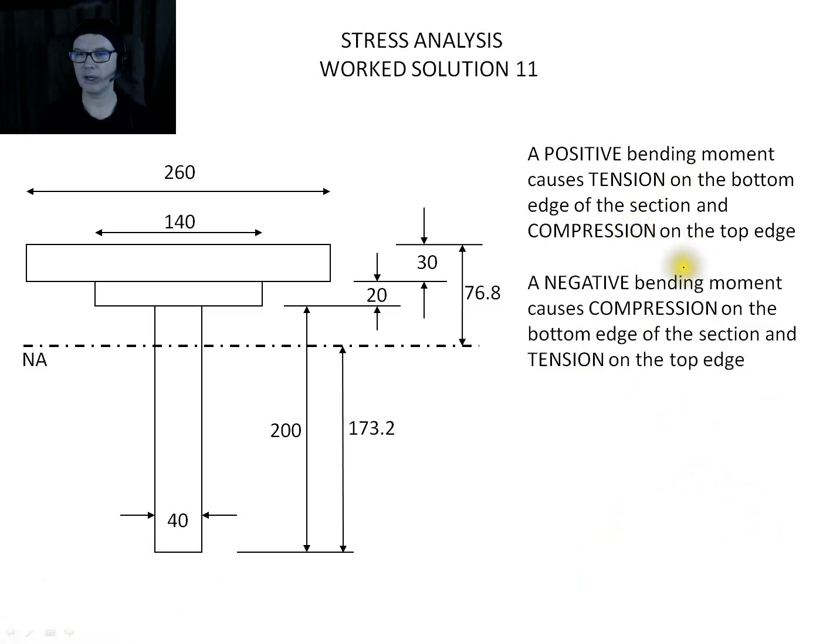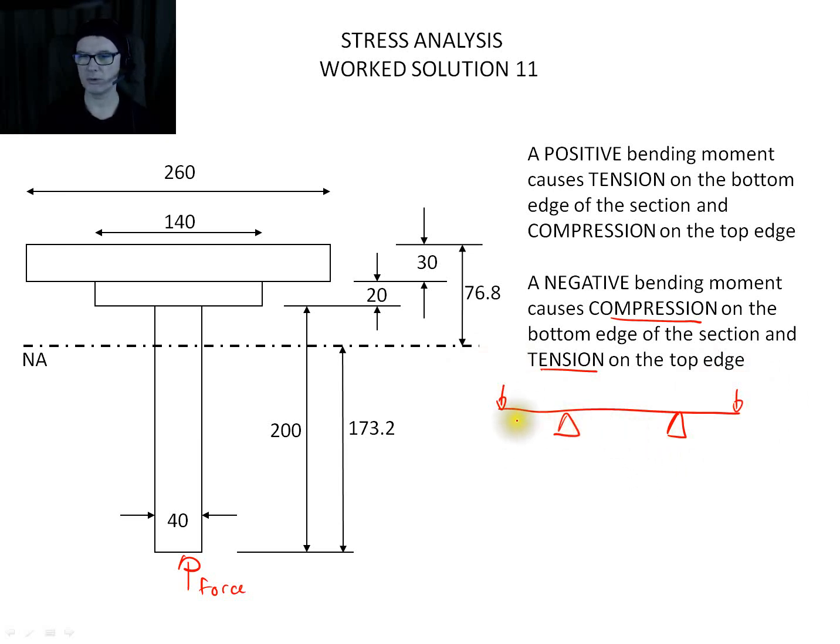A negative bending moment causes compression on the bottom and tension on the top edge. So if we had the reverse going on, what would be an example of this? We would probably have maybe a force, and then loads doing something like this.